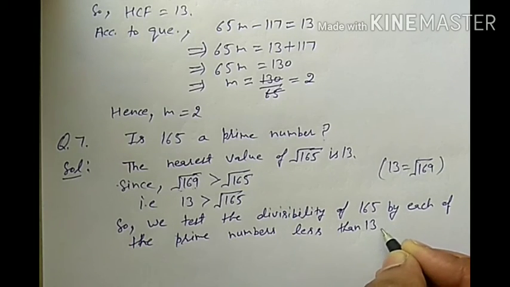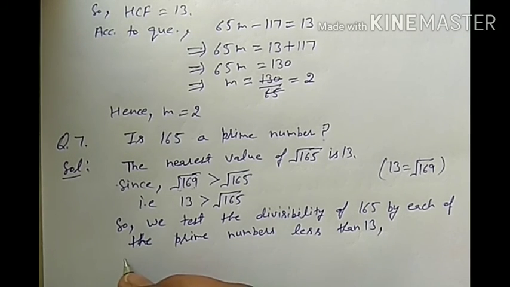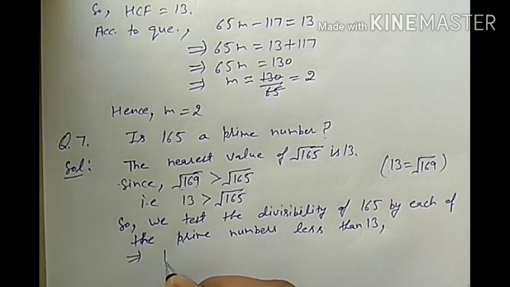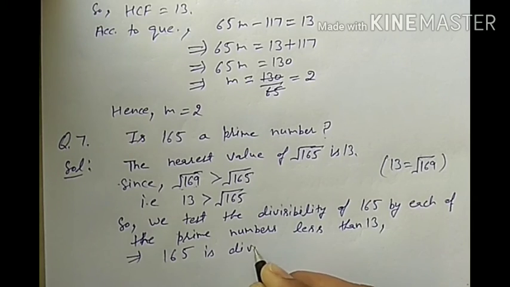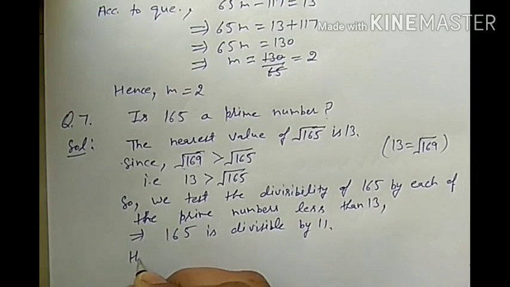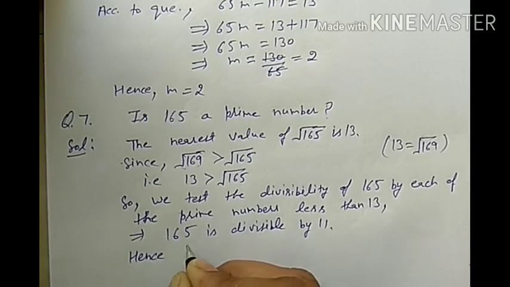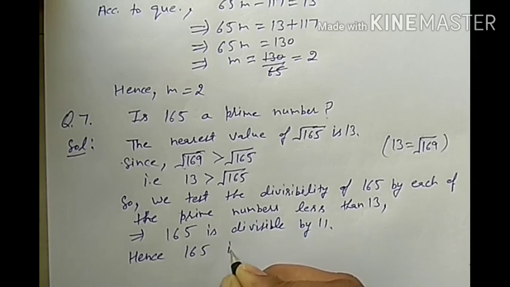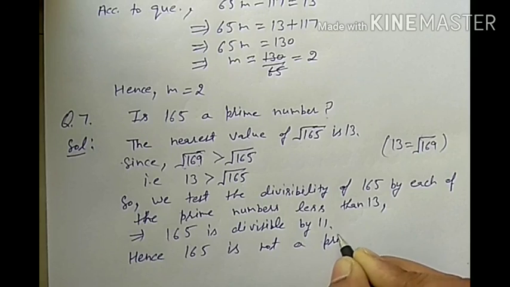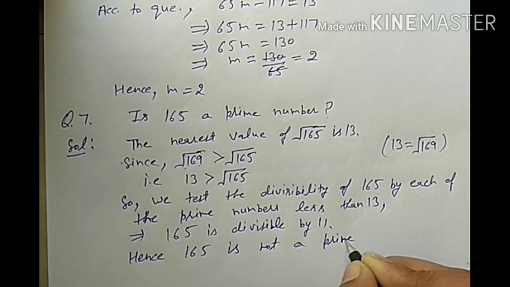Less than 13 are 2, 3, 5, 7, 11, and we get 165 is divisible by 11. Hence, 165 is not a prime number. It is a composite number.